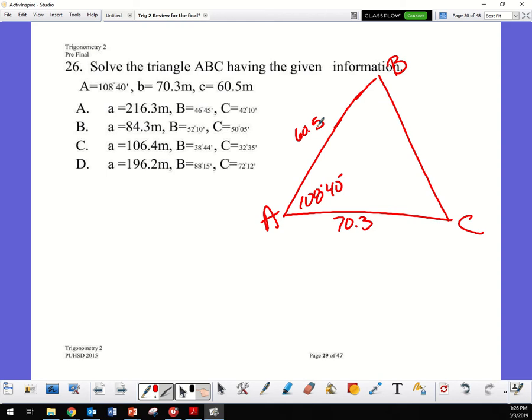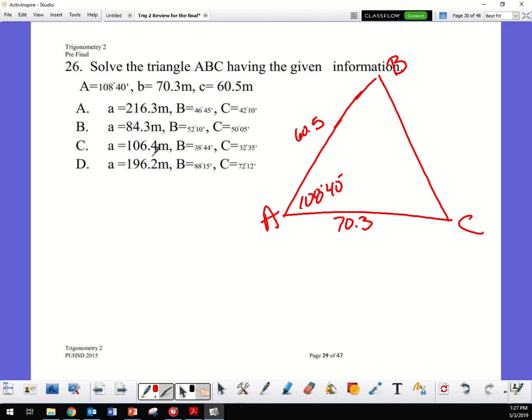Because it's across from the largest angle. Very good. Okay, that works, right? Little a is bigger than the other two.